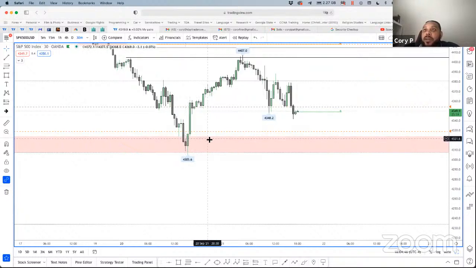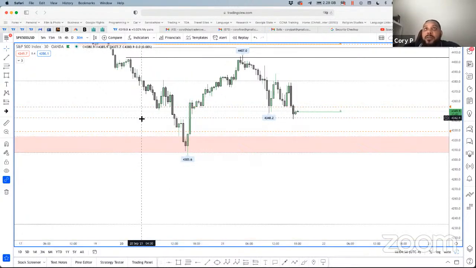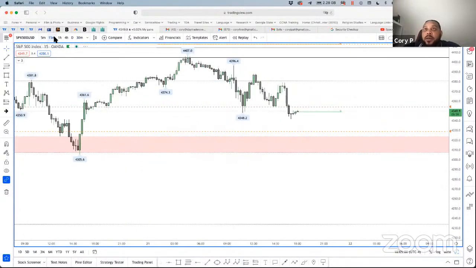If it holds here, let's say this is an order block right here, even though this is a cluster. But as it goes deeper into the order block, I'm just going to drop down to a smaller time frame, and I'm just watching it at these different areas to see if any one of these caused the reaction.